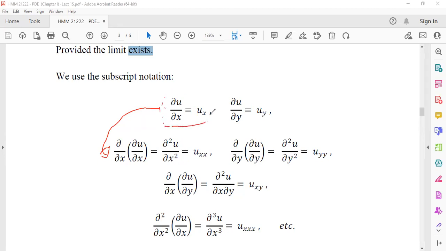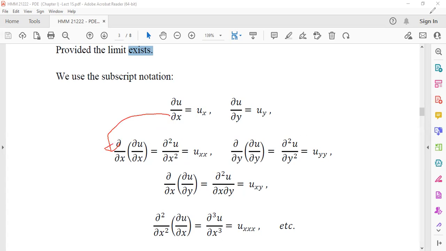This is the first order, we are taking it one time. Now we are taking it again, so it will be second order. That's what I am expecting from you. So we are taking again the partial derivative with respect to x.